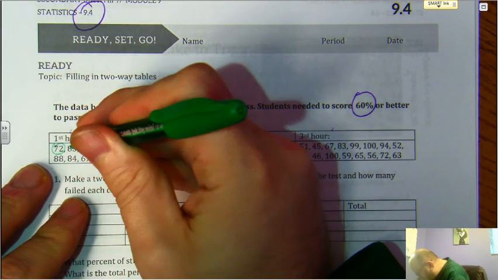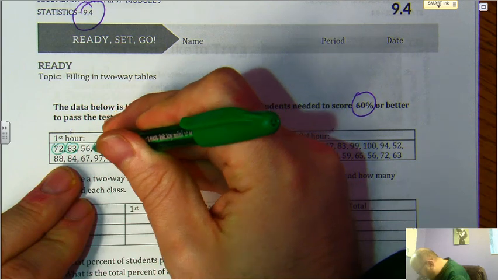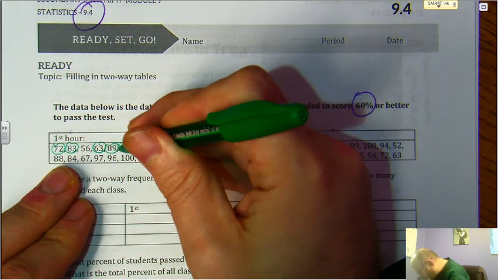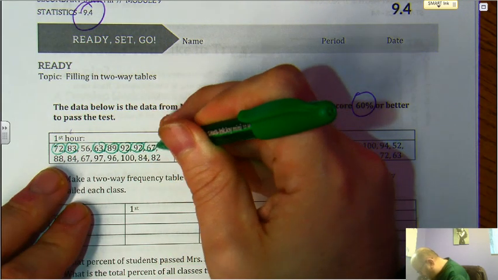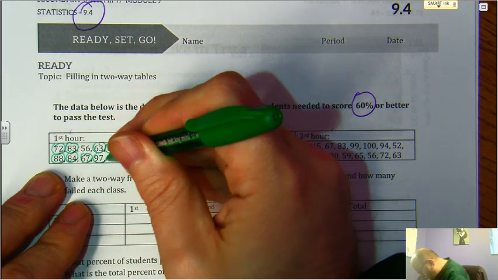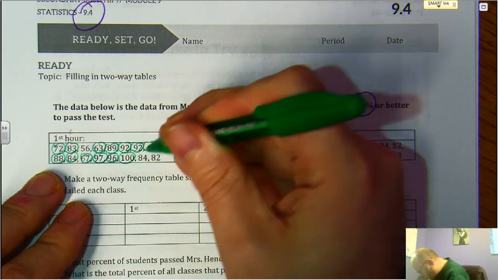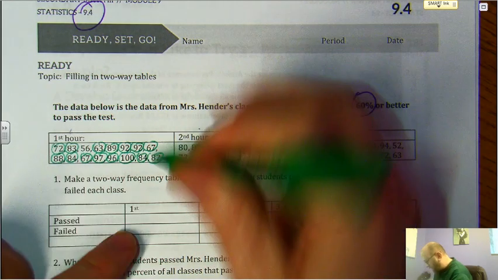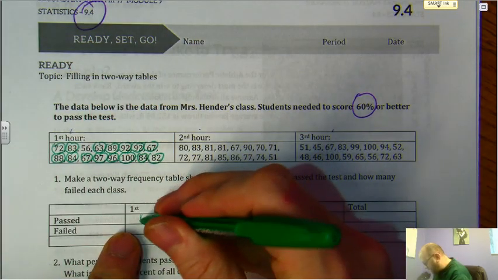60 or better. So here's 1, 2, not a pass, 3, 4, 5, 6, 7, 8, 9, 10, 11, 12, 13, 14, 15. In first hour, did I just say 15?